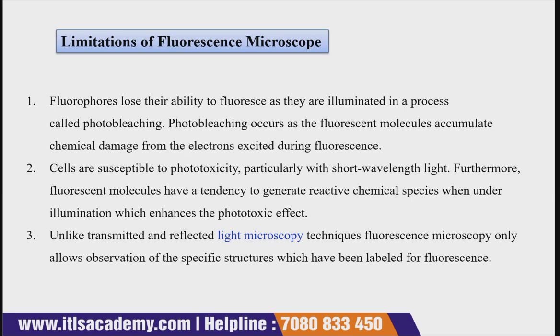Photobleaching occurs as the fluorescent molecules accumulate chemical damage from the electrons excited during fluorescence. Cells are susceptible to phototoxicity, particularly in short wavelength light. Furthermore, fluorescent molecules have a tendency to generate reactive chemical species under illumination, which enhance the phototoxic effect.